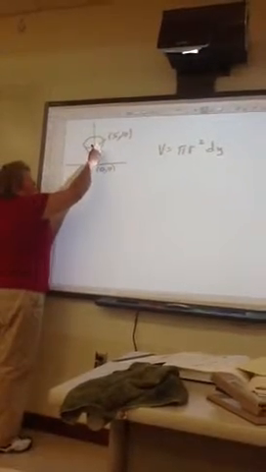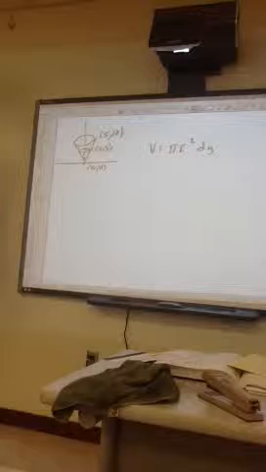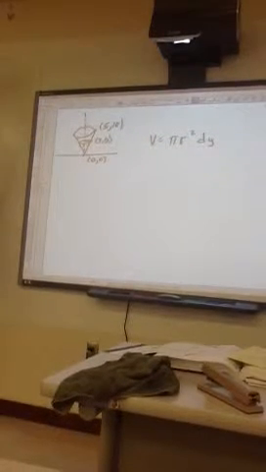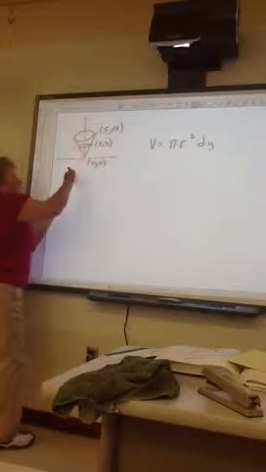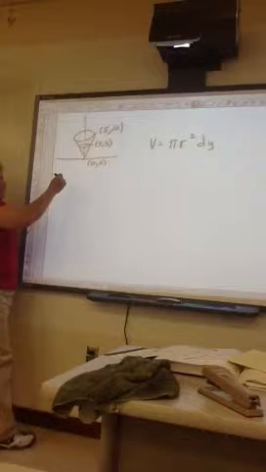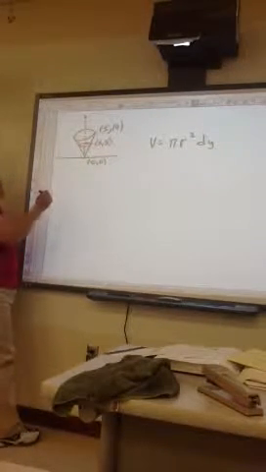We know that if this is some ordered pair x, y, x represents the distance out, y represents the distance up. I need to know about that x value to get the radius. But it's along this line, and I can figure out that line's equation.